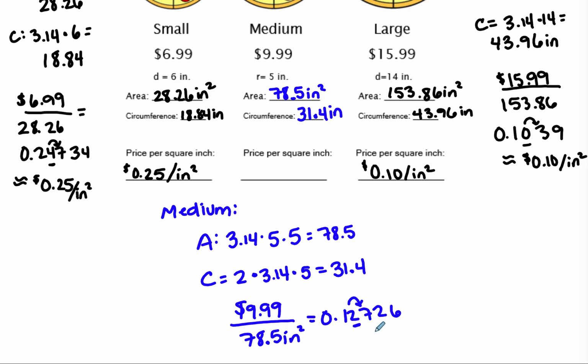The number behind it is a 7, which means it rounds up to 13 cents. So we get 13 cents per square inch. On the last one, there really wasn't much of a difference between the two. Here, it's very clearly the best deal for large when we're talking about a unit price compared to the medium and the small.